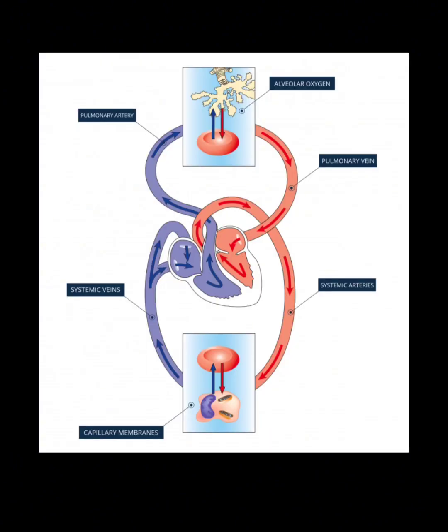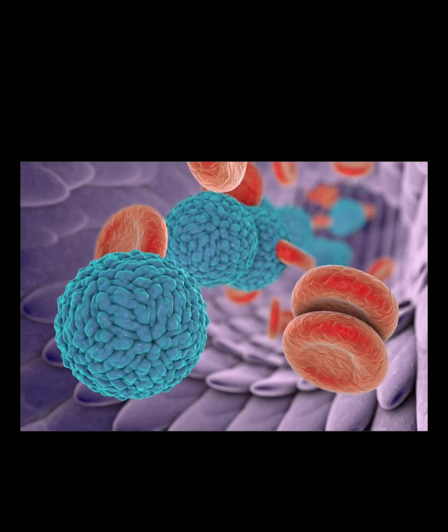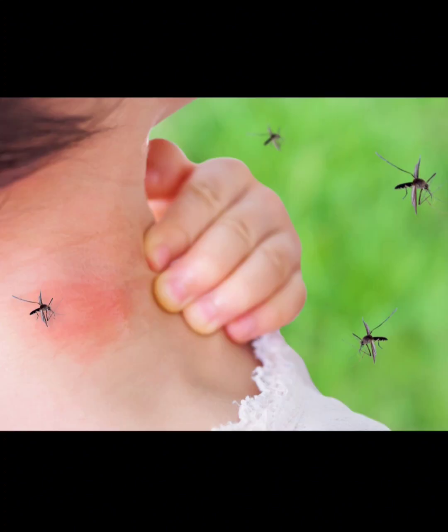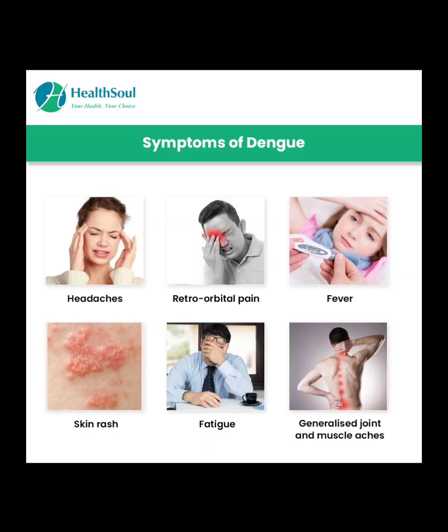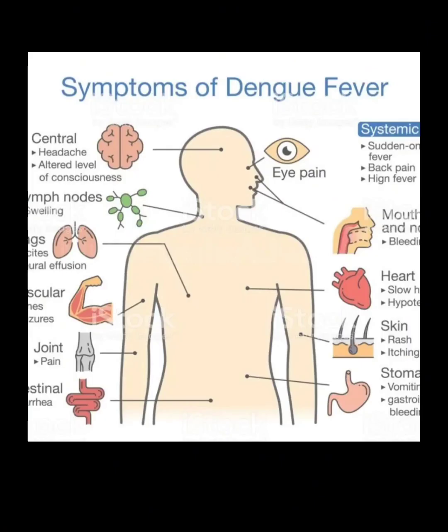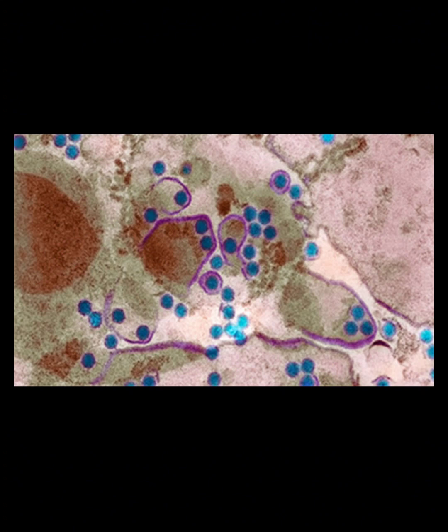Now we are going to discuss the clinical features of dengue fever. There will be 2 days of malaise and headache, and then acute onset of fever, backache, generalized pains, pain on eye movement, anorexia, nausea, vomiting, and relative bradycardia.